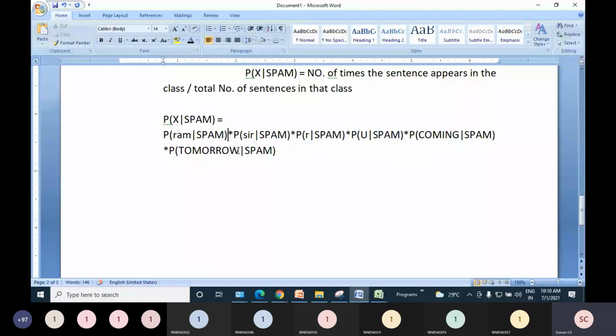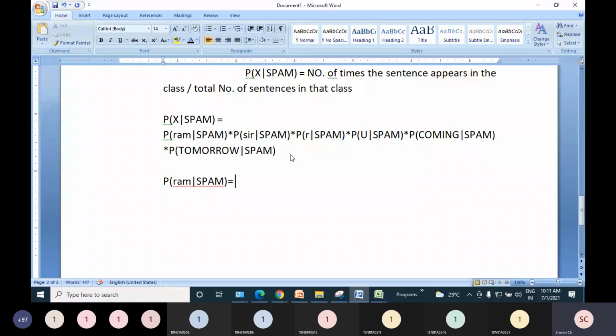Now moving forward, for each component I need to calculate, for example P of Ram by spam. So how do I get this P of Ram by spam?